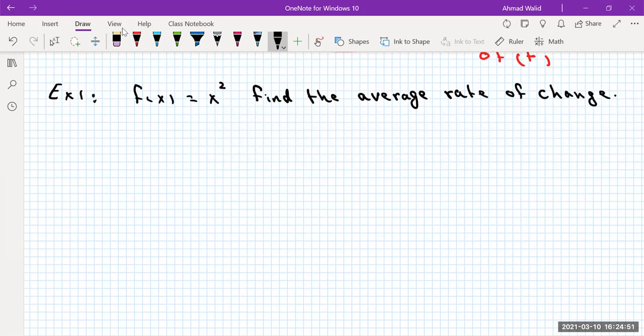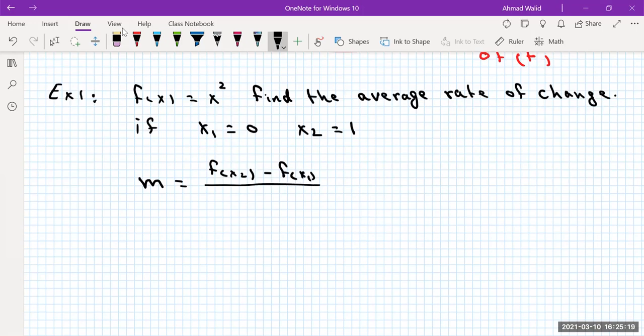Find the average rate of change, where x1 is 0 and x2 is equal to 1. Focus. My formula: m equals f of x2 minus f of x1 over x2 minus x1.